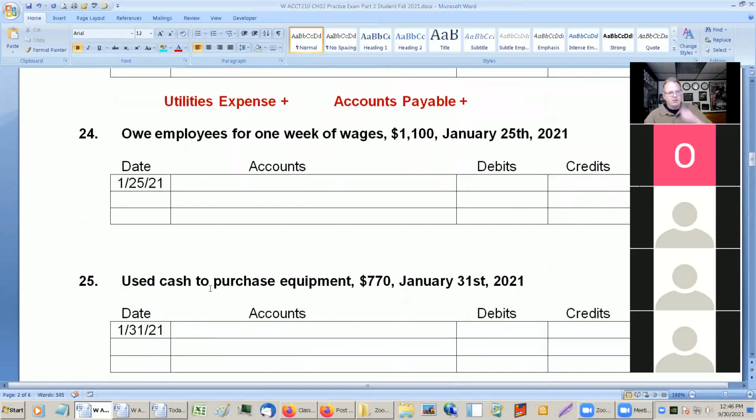Now employees, 1 week's worth of wages. So we owe employees for 1 week of wages. Wages expense and wages payable? Yes and yes. So wages expense.